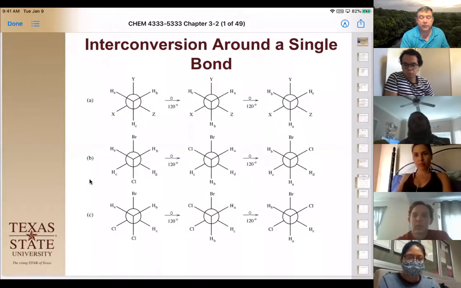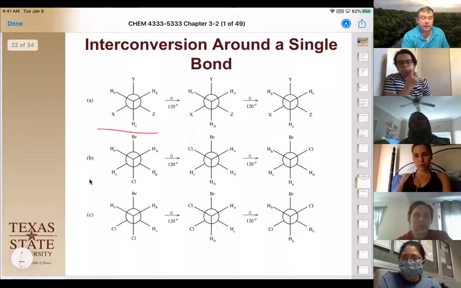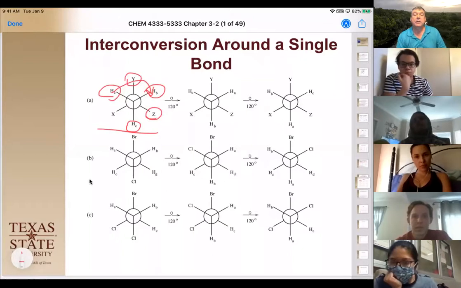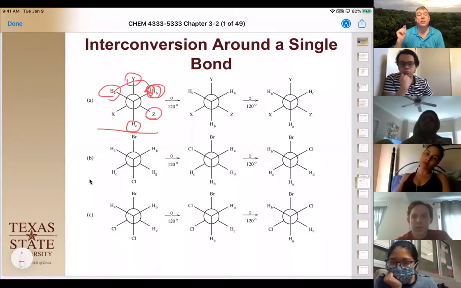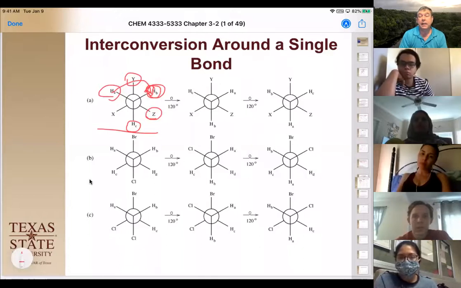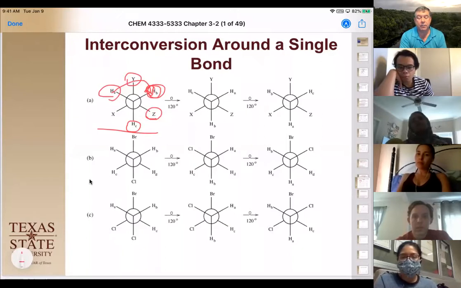So for example, if we started with just a general structure here, and we have A, B, and C, by shifting it from one location to the other, depending on the nature of this X and Z, our B here can be more or less de-shielded through space, depending on what our groups were. And so they could have different coupling constant and or different shifts, sorry. And most likely it's going to be slightly different coupling constant.